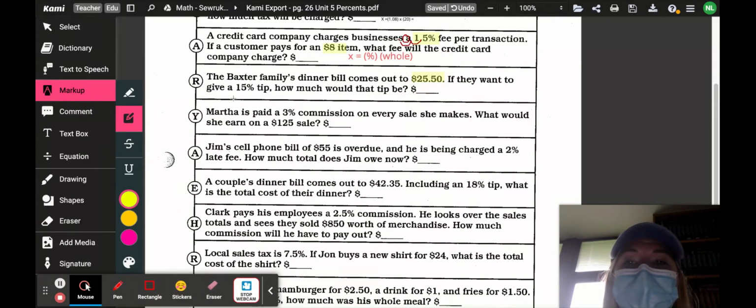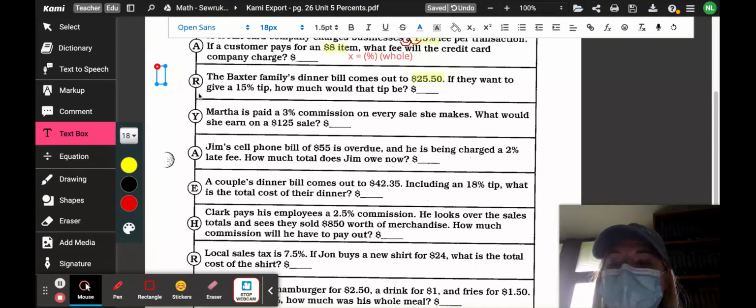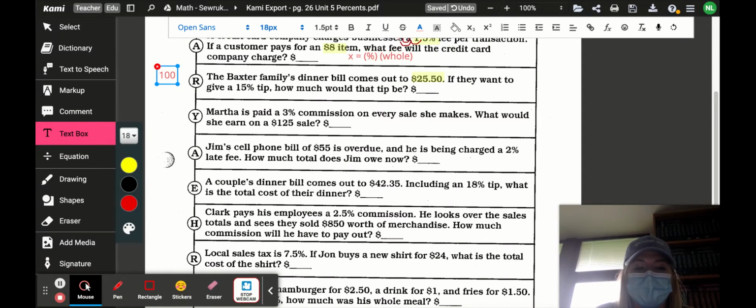If you're going to pay an extra 15%, we're going to add 100 plus 15. When we add 100 plus 15, you get 115, and that's percent.